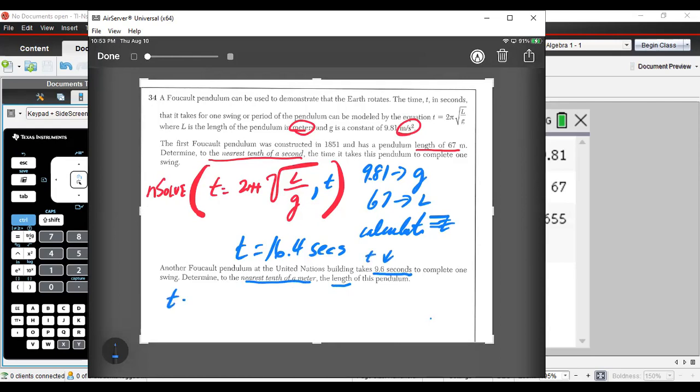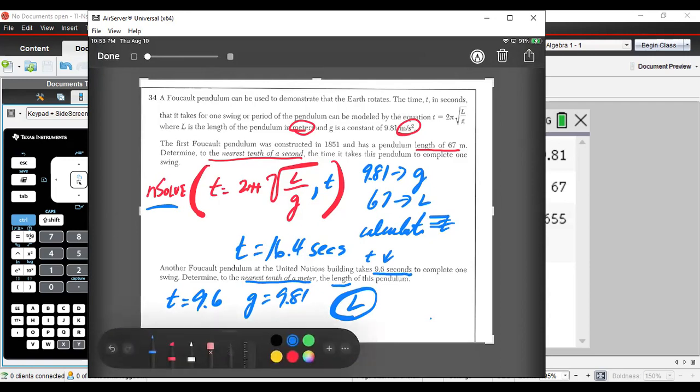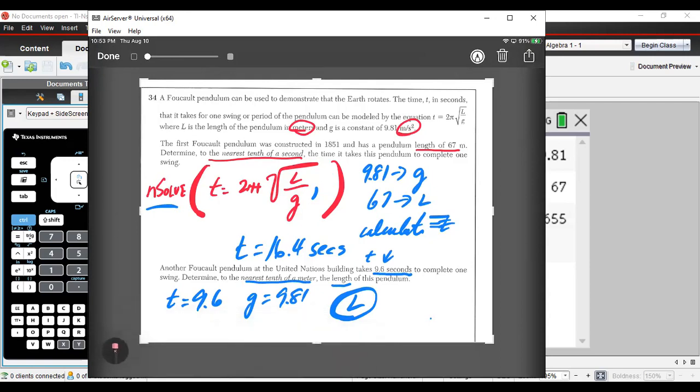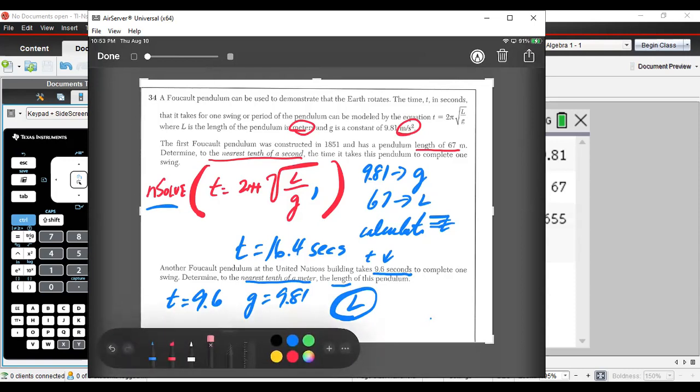We're going to store 9.6 into T. G is already done. And now we're going to solve for L. We're going to use nsolve again, but instead of solving for T, we're going to be solving for L.